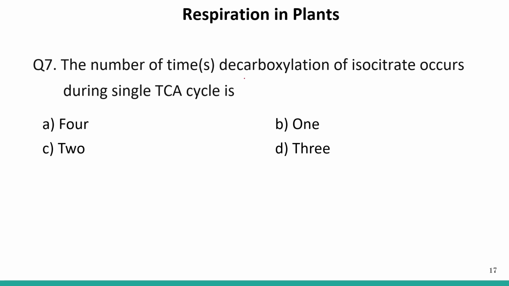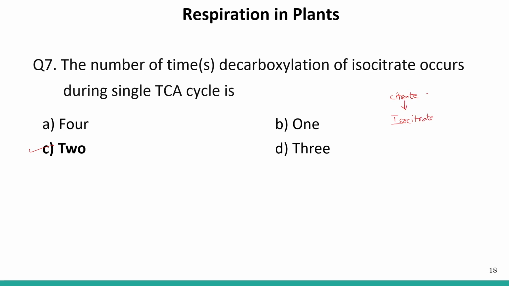Now the next question is: the number of times decarboxylation of isocitrate occurs during a single TCA cycle. What should be the answer? Again, this is a straightforward question. The answer is option C, 2. Why? Let's look at the TCA cycle. Initially we have citrate, which gets converted into isocitrate.